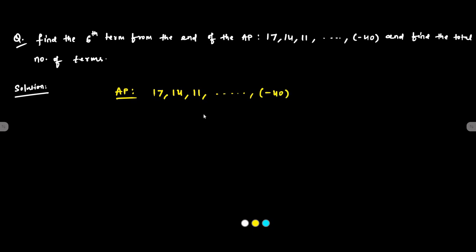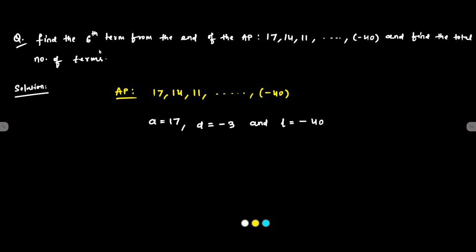So here we have the first term equal to 17, the common difference equal to 14 minus 17, 11 minus 14, which is equal to minus 3, and the last term equal to minus 40.